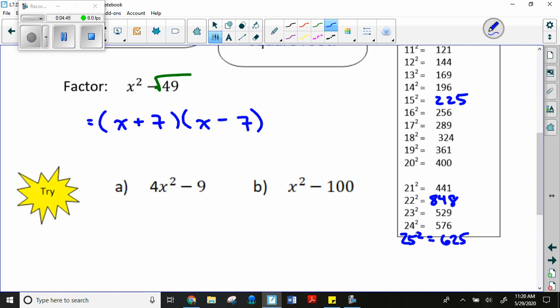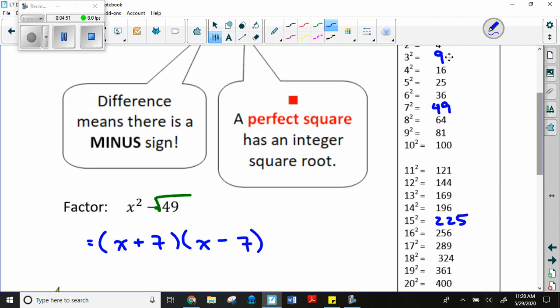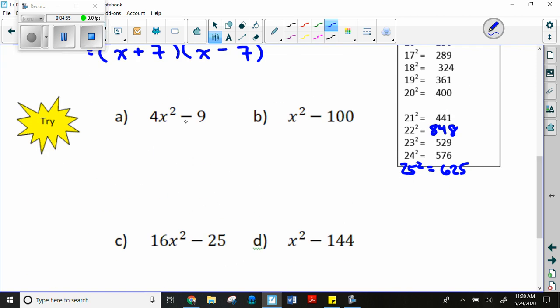Cool. Let's look at this one. 4. Yes, it's in this list. It's a 2 times 2. Negative in the middle, awesome. 9, yes, it's in the list. It's 3 times 3. Because the 4 is at the beginning, we're going to take the square root of the 4 and then the square root of the 9.